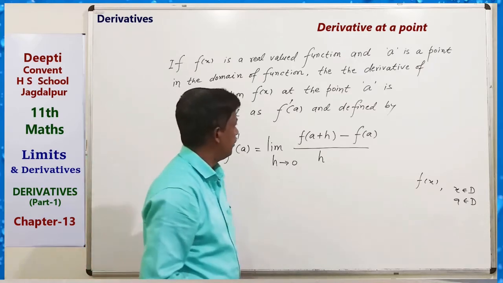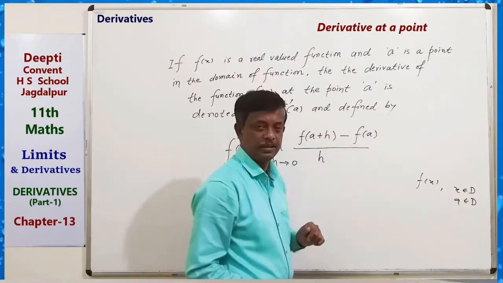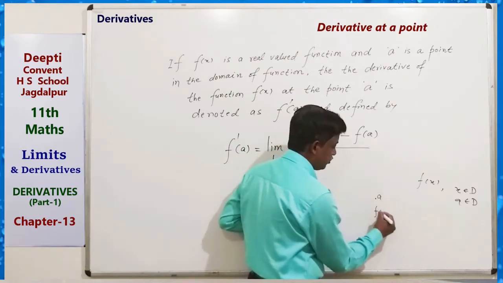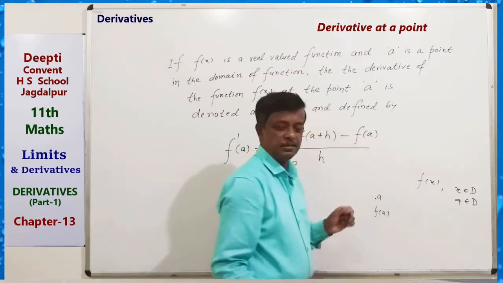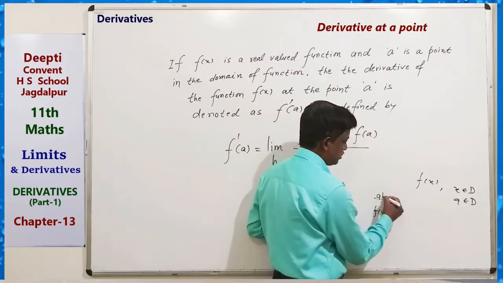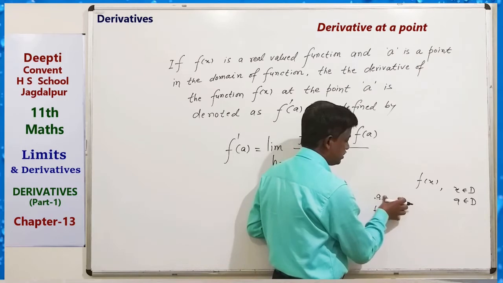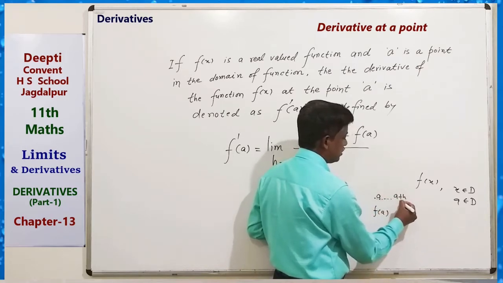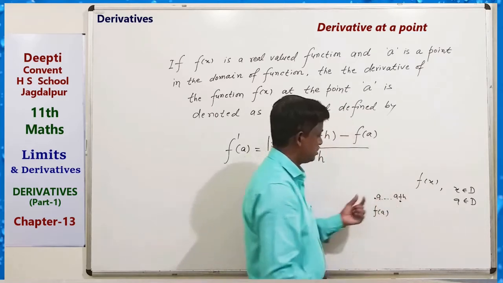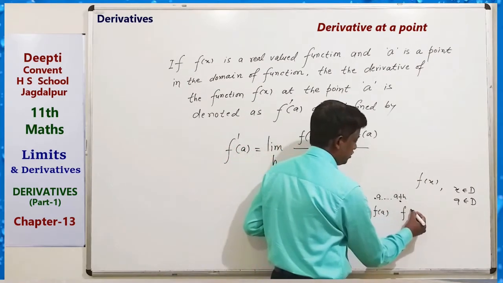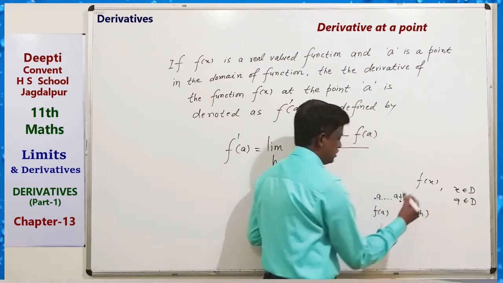Here is the value of the function at the point a, and then some small increment h. After this is a point, this is a point, with a small increment h, and at this point the value of the function is this.